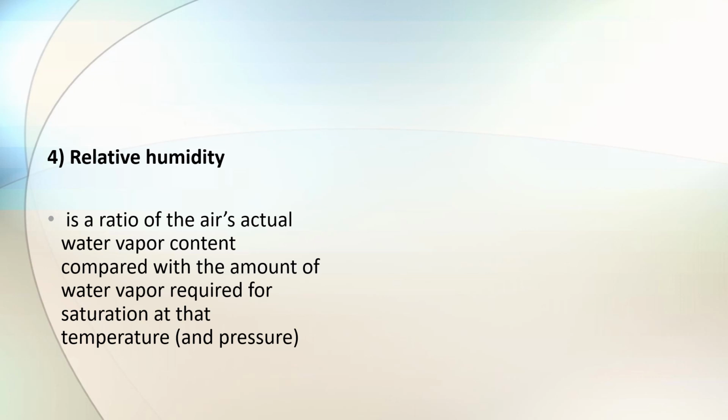And so we're moving on to the relative humidity. This is the fourth humidity index, how you express or measure the water vapor. So what is relative humidity? It is the ratio of an air's actual water vapor content compared with the amount of water vapor required for saturation at that temperature and pressure.